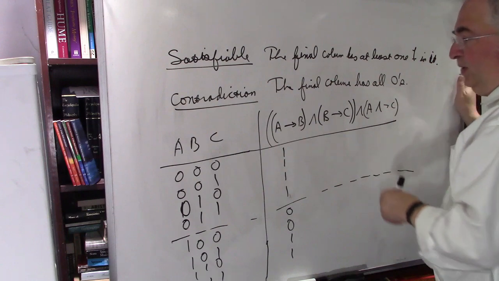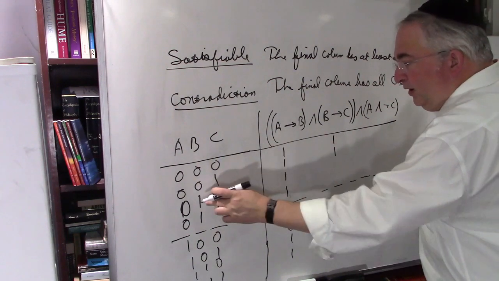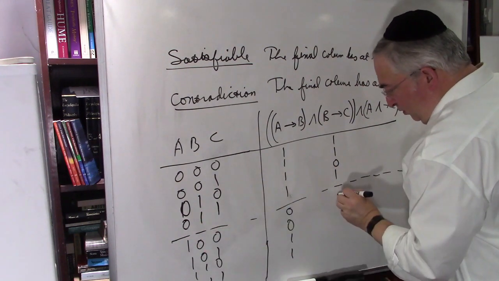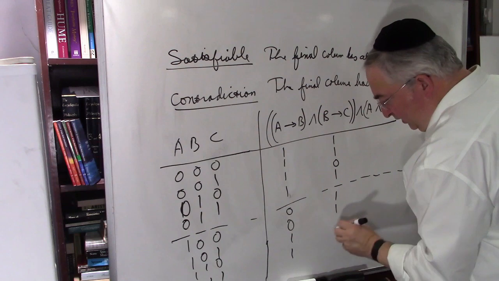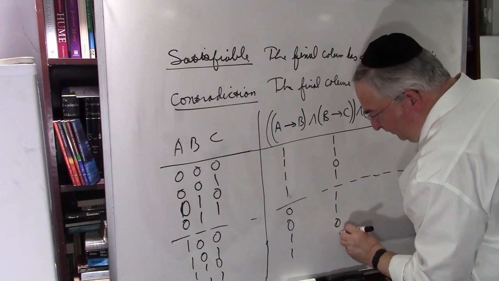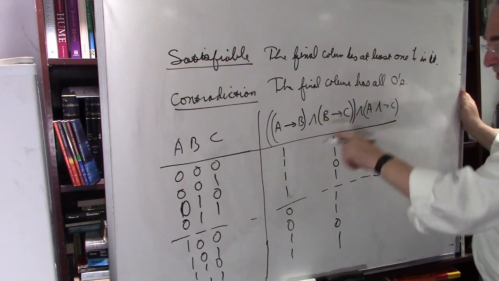Okay, let's do B arrow C. 0, 1, 1, 0, 1, 1, 1, 1, 1, 0, that's 1 arrow 0, 1. Okay, good. Okay, great.